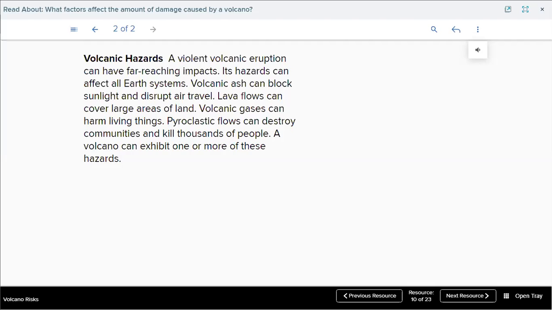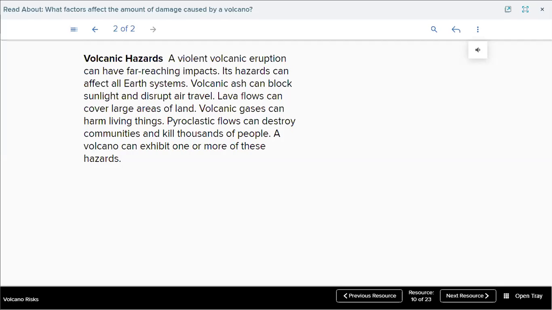Volcanic hazard. A violent volcano eruption can have far-reaching impacts. Hazards can affect all Earth systems. Volcanic ash can block sunlight and disrupt air travel. Lava flows can cover large areas of land.